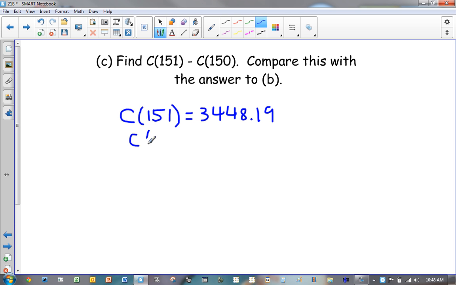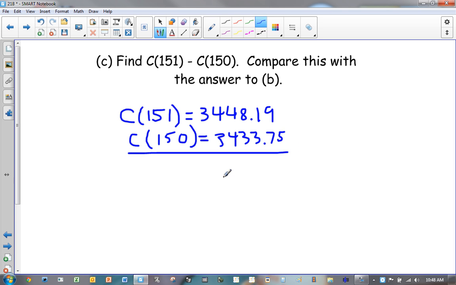And the cost of producing 150 items is about $3,433.75. And remember, I get these just by plugging these x values into the original function.